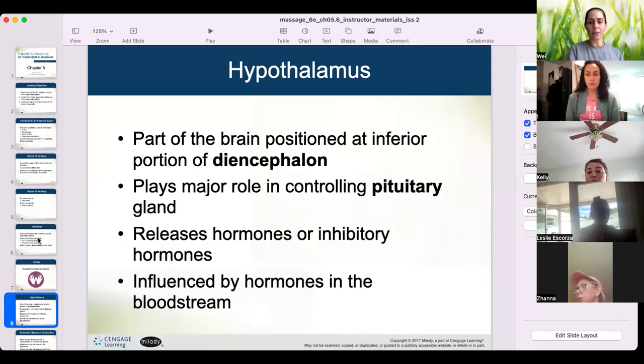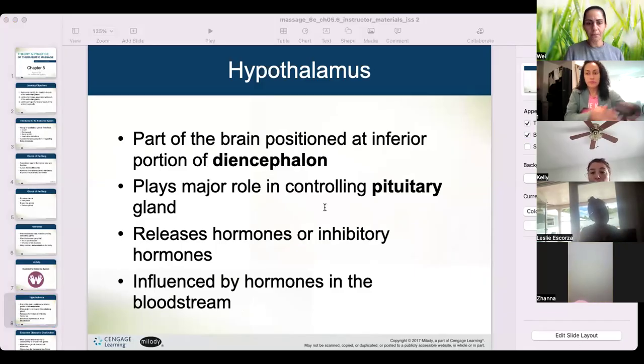That's the new book. If you have the old book that I sent to you, it's going to be on this page. After the nervous system is the endocrine system. Just takes a moment to give you the right page.